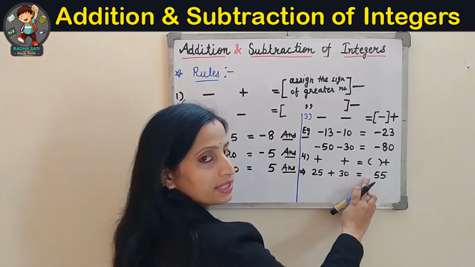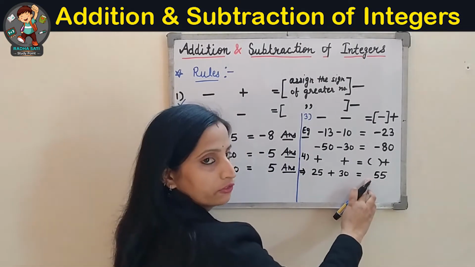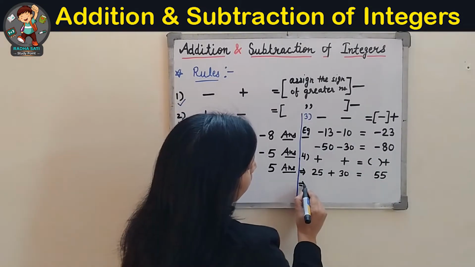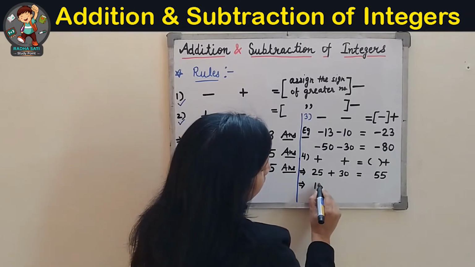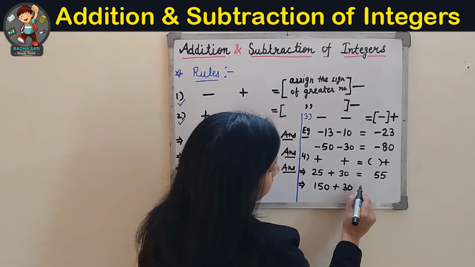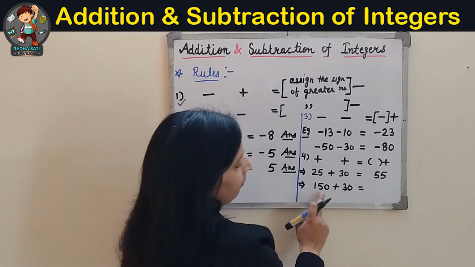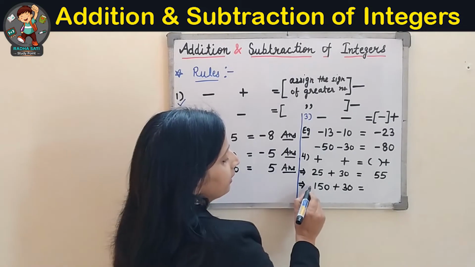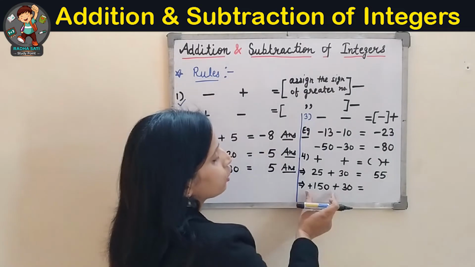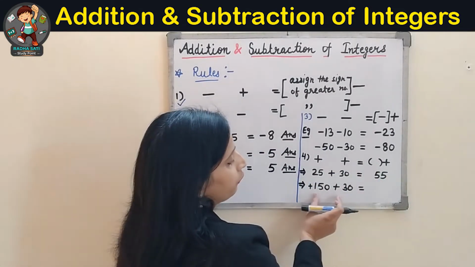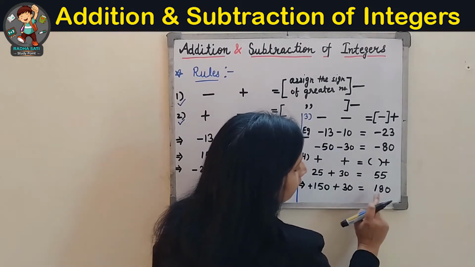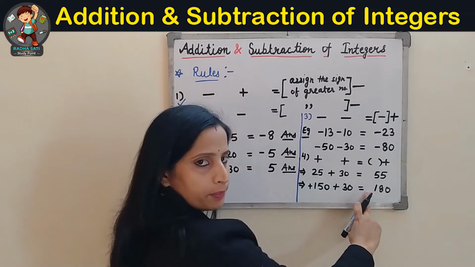We don't put a plus sign in front of 55 because it's a positive integer itself. Now, take another example. 150 plus 30. Before 150 there is no sign. This means a plus sign is hidden here. And 30 is also a positive integer. So plus plus plus. 150 plus 30, 180. Here also no need to put the plus sign.